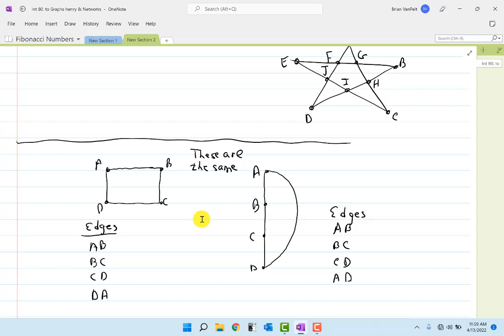They just look different. We use a symbol like this, or at least I use a symbol like this, to mean that they're essentially equivalent.